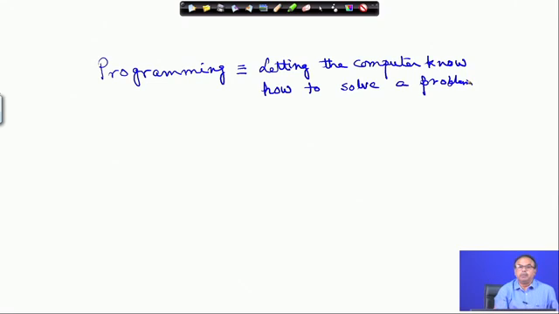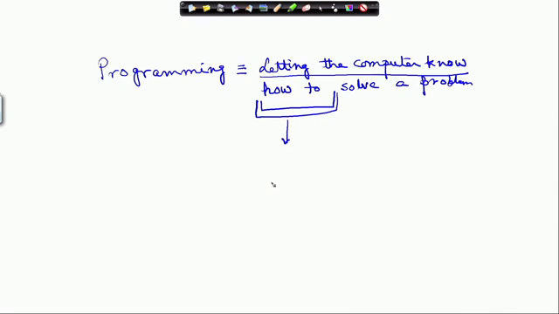Now, there are some important aspects to this phrase. Letting the computer know is one important thing, but what do we let the computer know? How to solve a problem. So, how to means I have to tell the computer what are the steps to be followed to solve a problem.